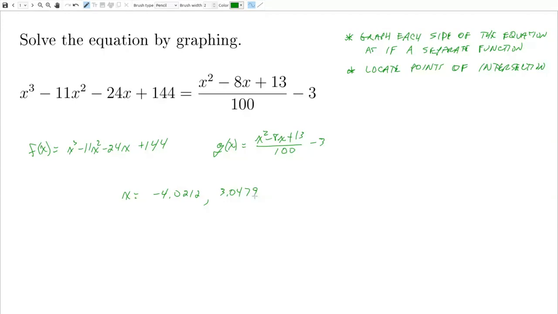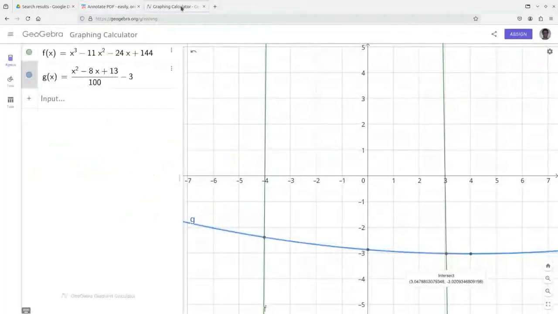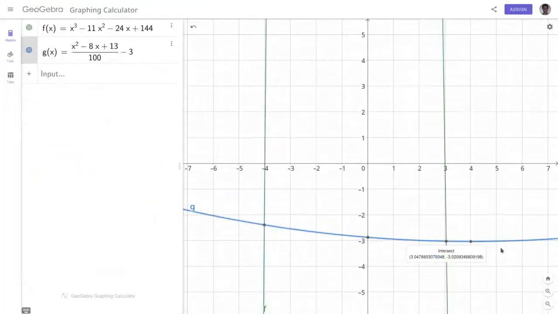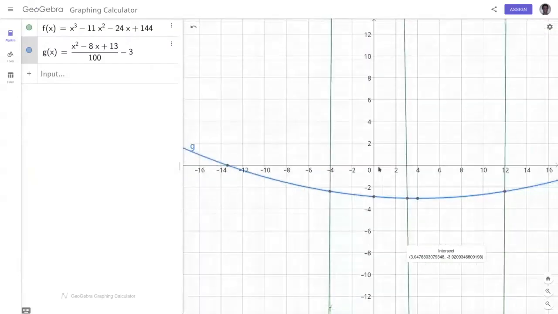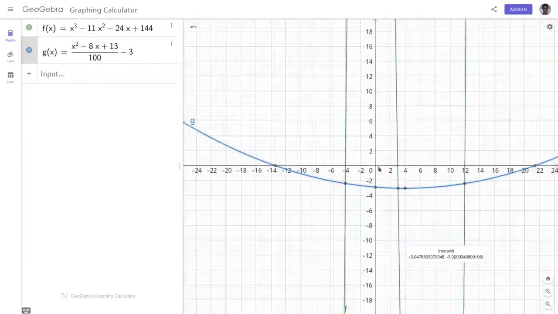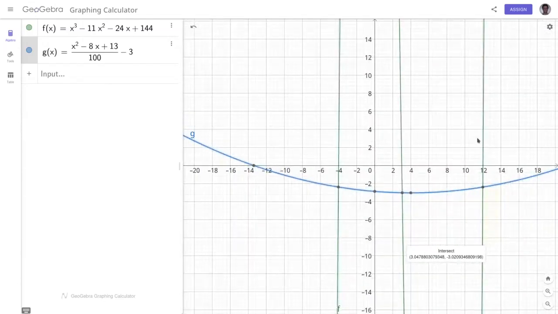That's all we have to do, except we have to be a little bit more careful, because there's no guarantee that all the intersection points will actually show, and we can find out pretty quickly that they don't all show on the standard view.